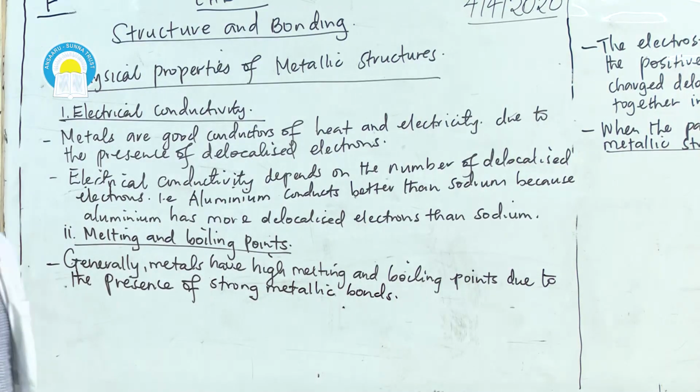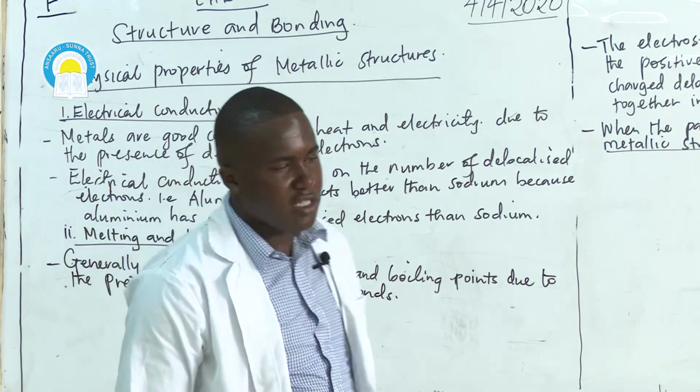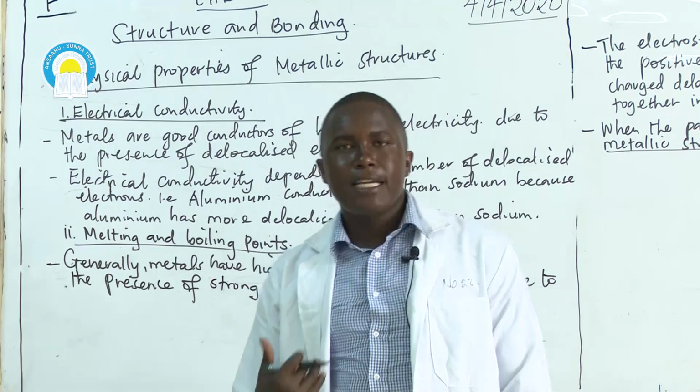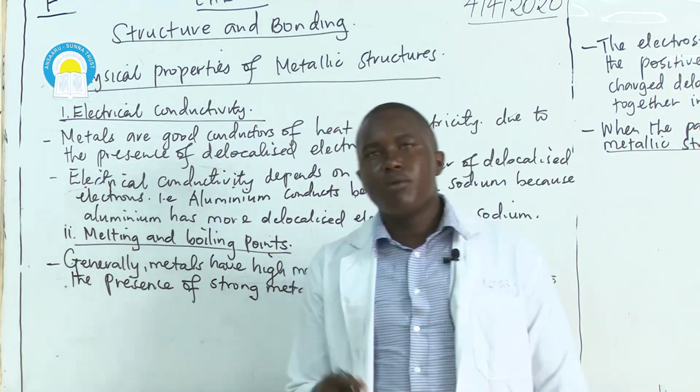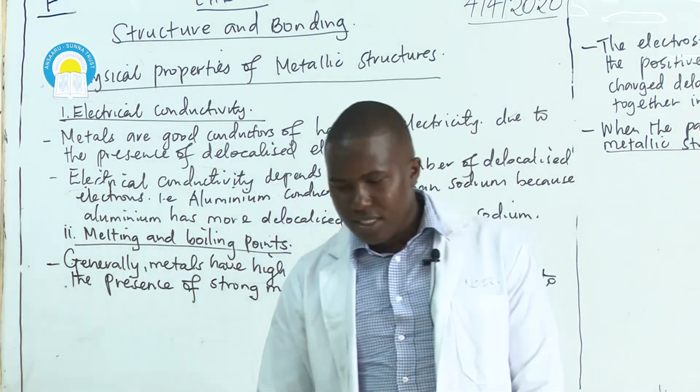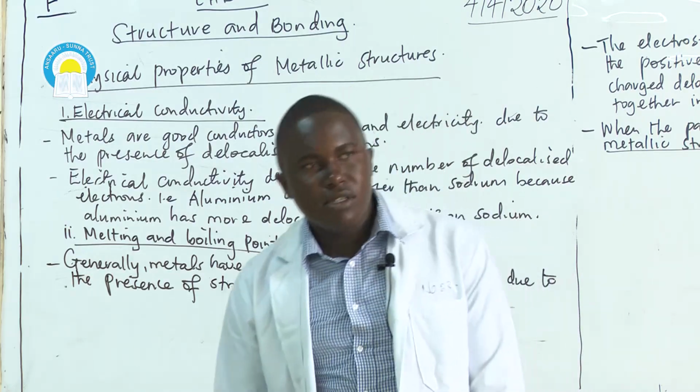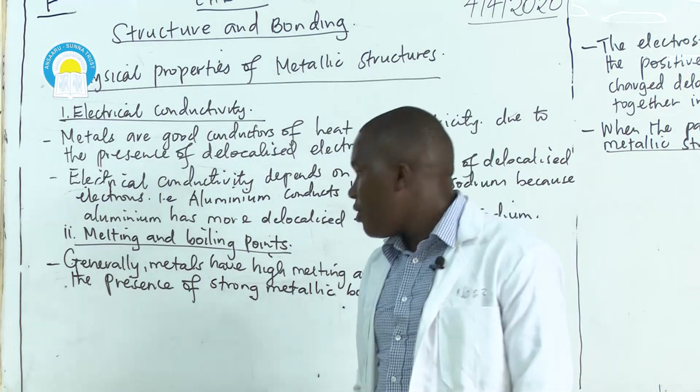All metals have metallic bonds. These metallic bonds are strong. But again, the strength of these bonds is not the same for all metals. There are those metals that will have stronger metallic bonds than the others.